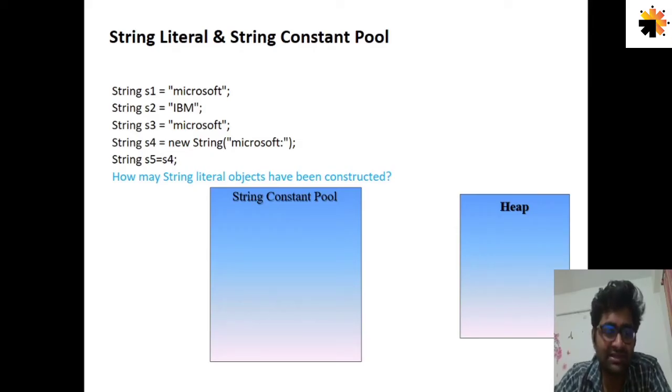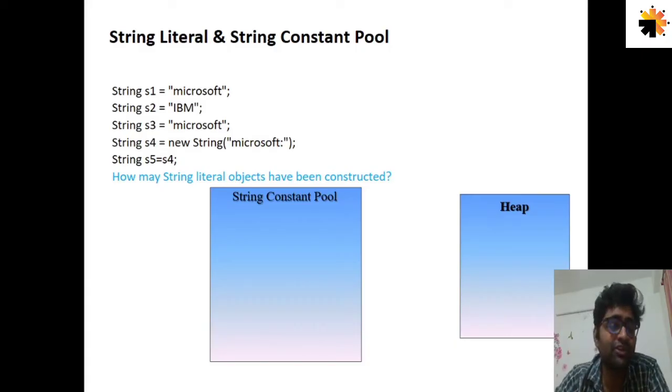Now let's understand something about string constant pool and heap memory. String constant pool is nothing but a memory inside heap memory itself. So heap will hold all the objects, whereas string constant pool will hold objects of string literals. Whenever I create an object by giving a string literal, the object gets stored inside the string constant pool.